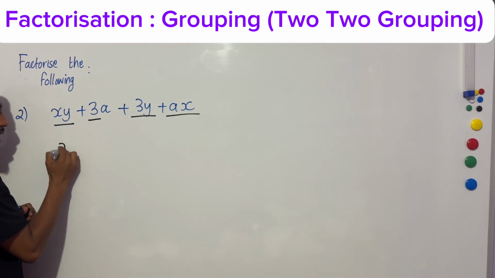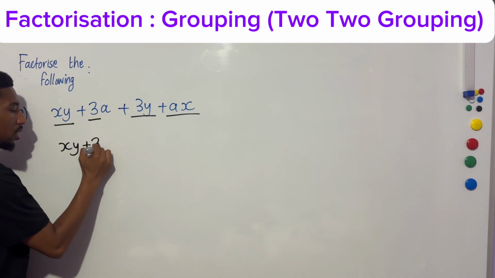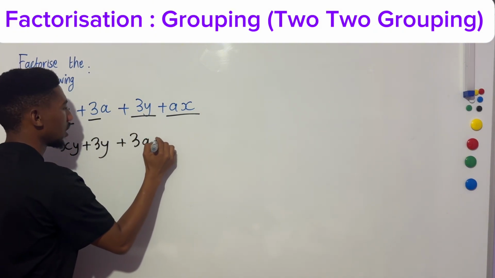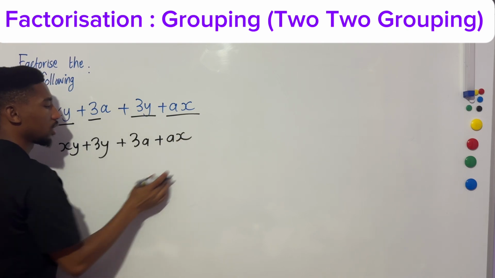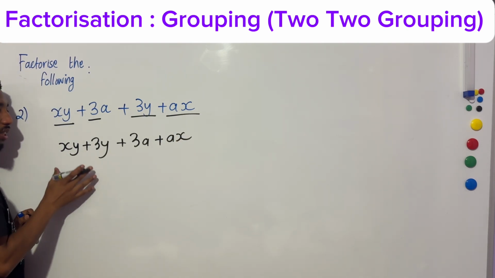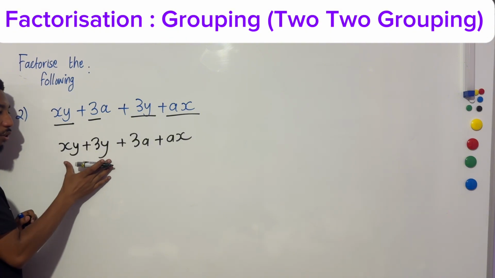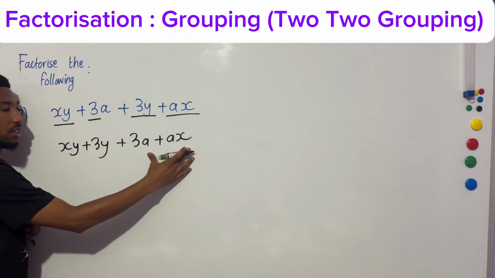So I take xy plus 3y plus 3a plus ax. What I've done is rearranged my groups. So I have the y's here, I have the a's there.